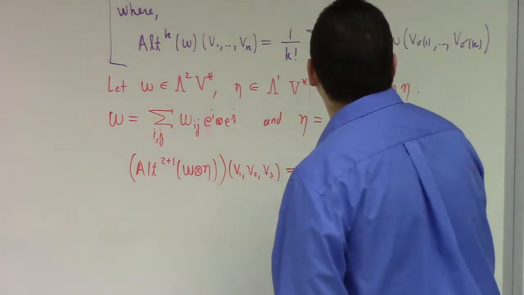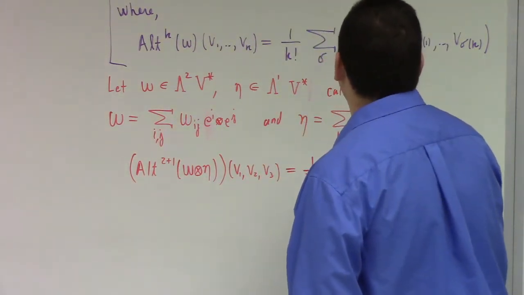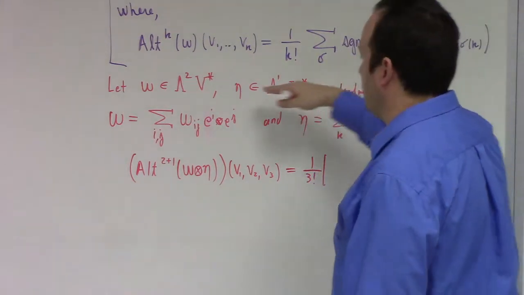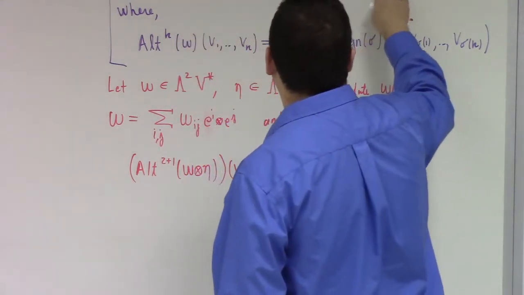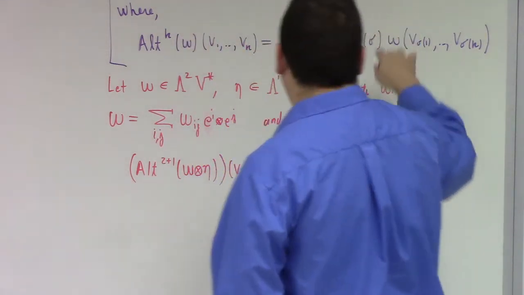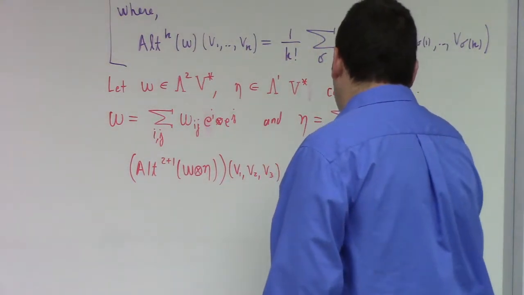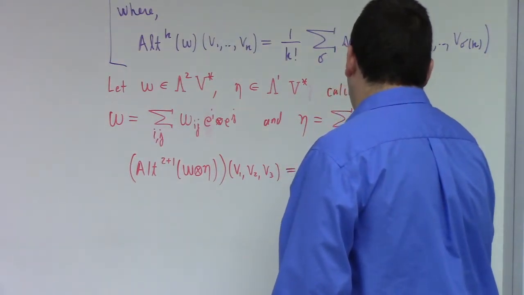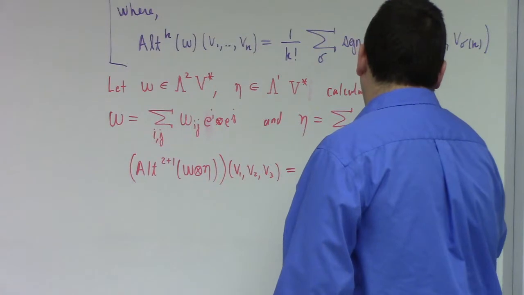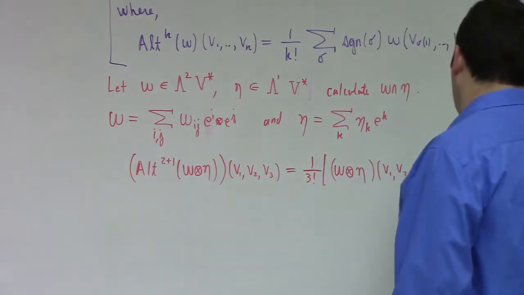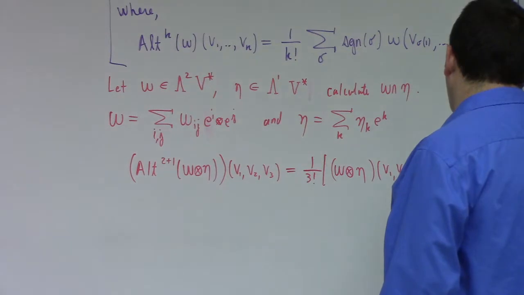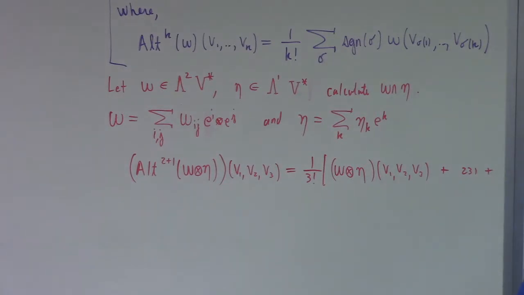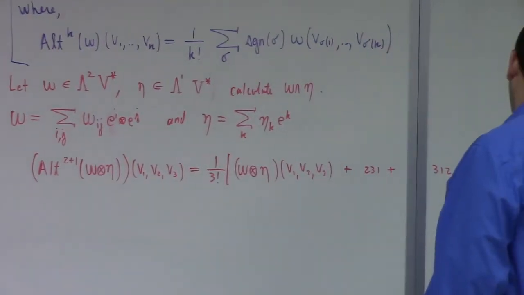Sorry, this is slightly confusing because I've used omega in 2 different ways here. The omega is actually omega tensor. So I need omega tensor eta acting on v1, v2, v3, and then the same for 2, 3, 1 plus 3, 1, 2, and then minus 3, 2, 1 minus 2, 1, 3 minus 1, 3, 2, right?